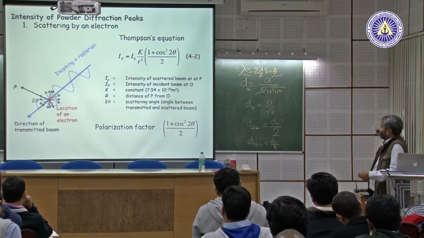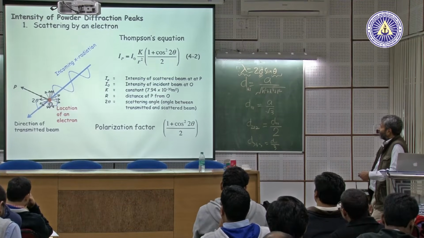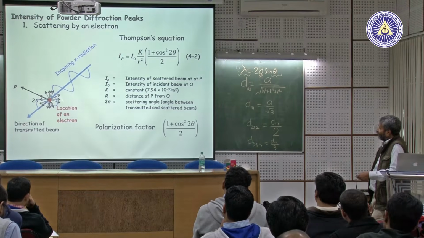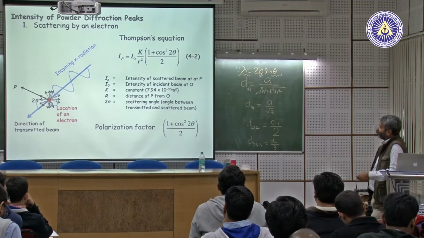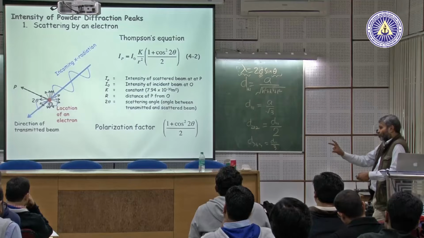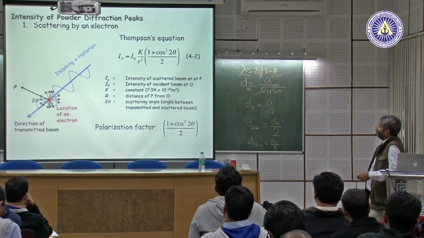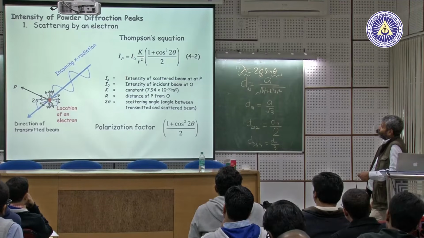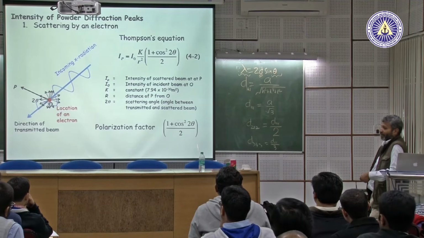So, we are taking this equation, but what is interesting is that the intensity of the diffracted beam from an electron varies as a function of 2 theta, because we are plotting I versus 2 theta. So, one contribution comes directly from the electron. That electron itself is not diffracting intensity equally in all directions. So, there will be intensity versus 2 theta due to the electron, and that factor is called the polarization factor.